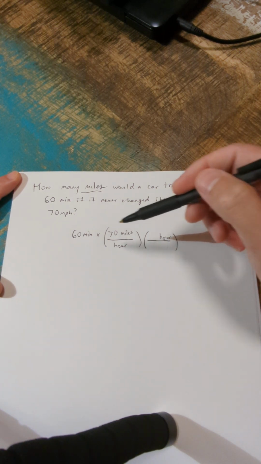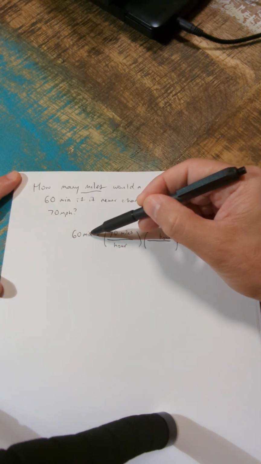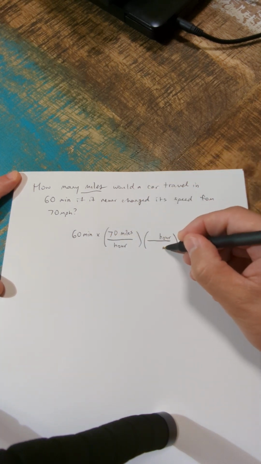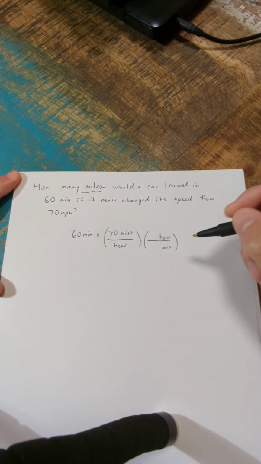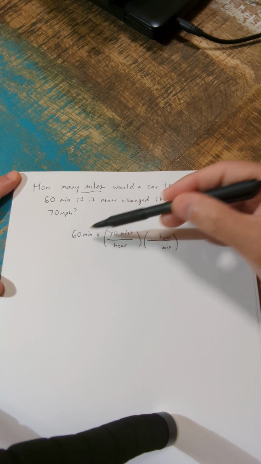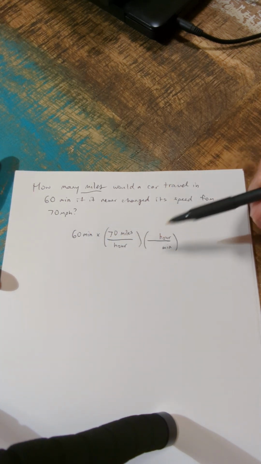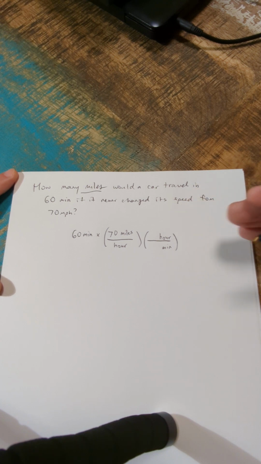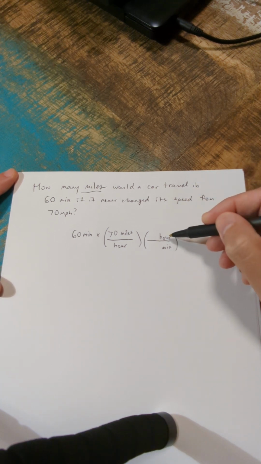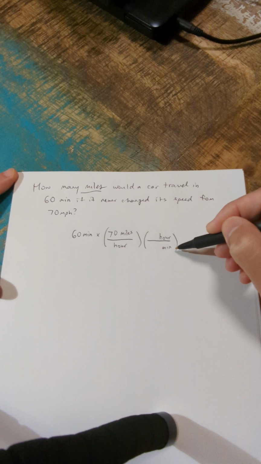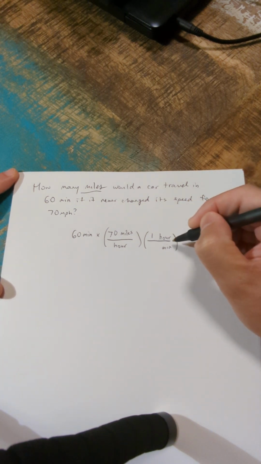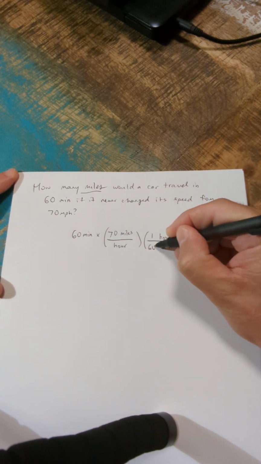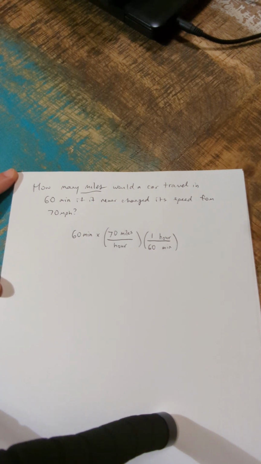And then minute is up in the numerator, so we need minute down here. Again, I'm just looking at top and bottom and getting the same unit in the top and the bottom, so they cancel. Okay, what's the relationship between hours and minutes? 1 hour equals 60 minutes. We know that just because.